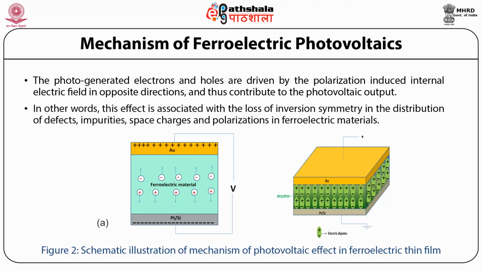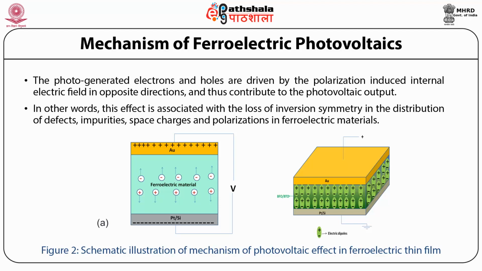In other words, this effect is associated with the loss of inversion symmetry in the distribution of defects, impurities, space charges, and polarizations in ferroelectric materials. So in the given figure, you can see the schematic illustration of the mechanism of photovoltaic effect in ferroelectric thin film.